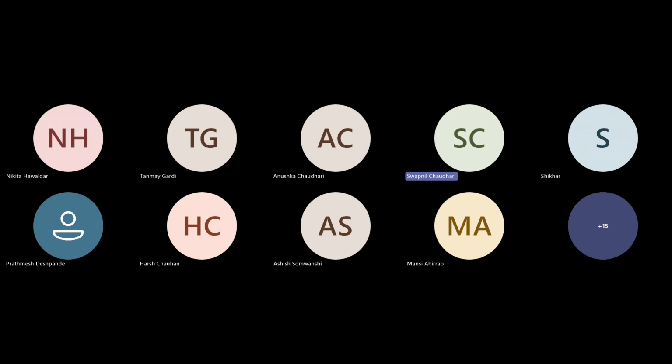Roll number 18, Nikita. Okay. 19, 20, 21, 22, 23, 24. 22 present. 21. Prathamesh is there. Yes, sir. Roll number 22 present. Prathamesh Deshpande. Yes, sir. 21 also present.